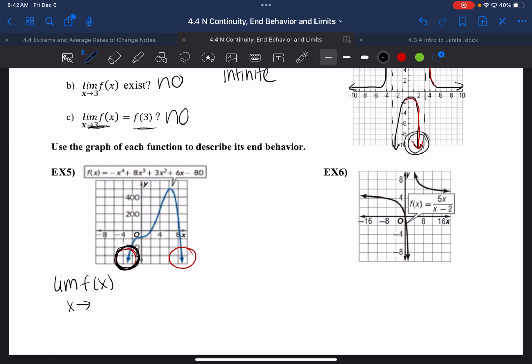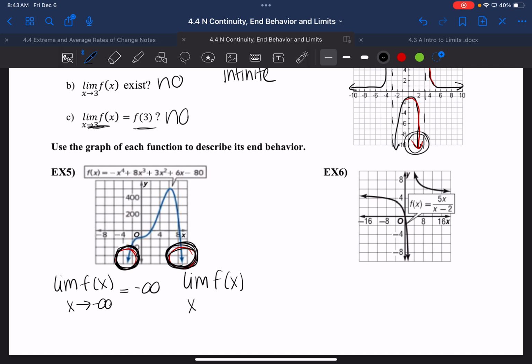What is x going off to? Negative infinity. And as x is going off to negative infinity, what is y going to? Negative infinity.